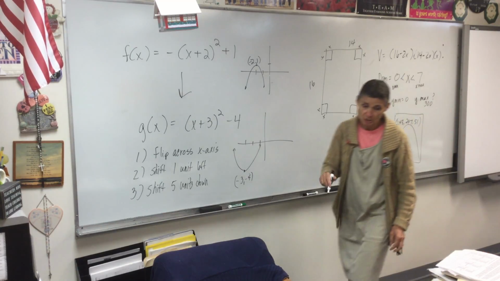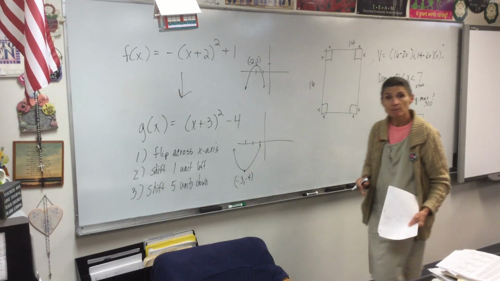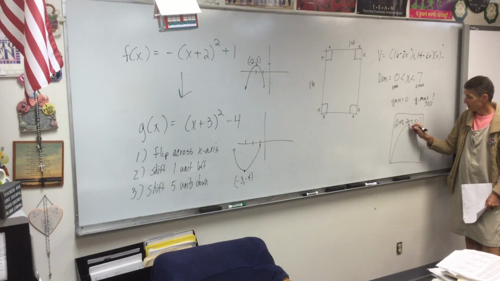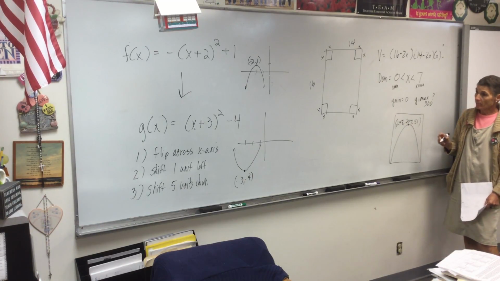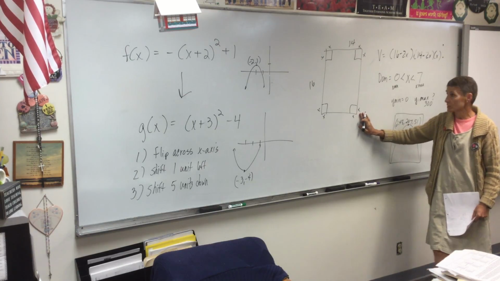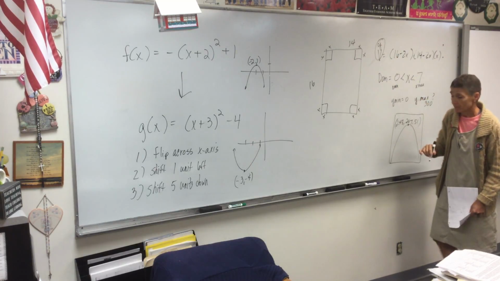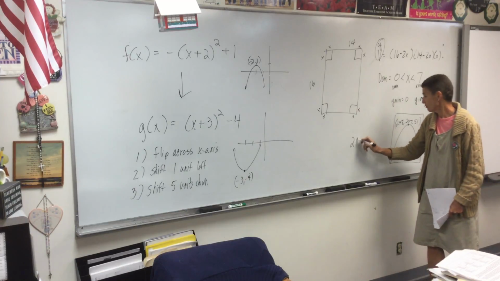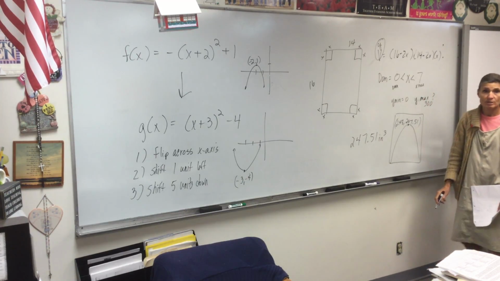Now, what was the question? What is the maximum volume? In this ordered pair, remember, when you find the max, you're always going to get an ordered pair, an x and a y. Remember, in this problem, x is the size of the cutouts, and y is the volume. So if you want the maximum volume, you would say 247.51 cubic inches.